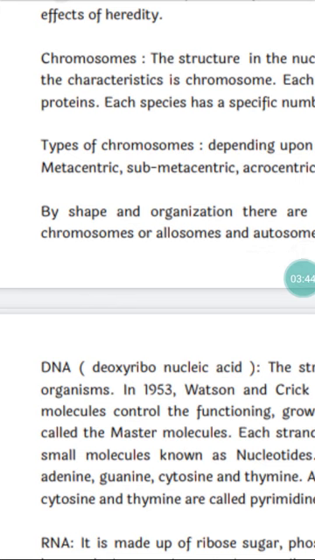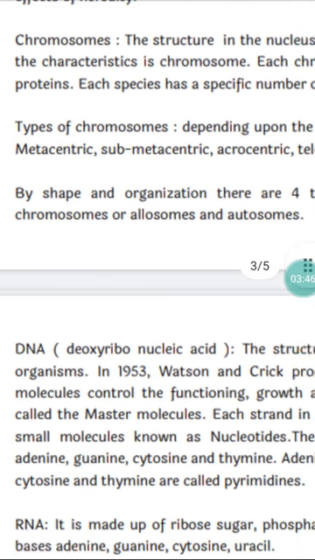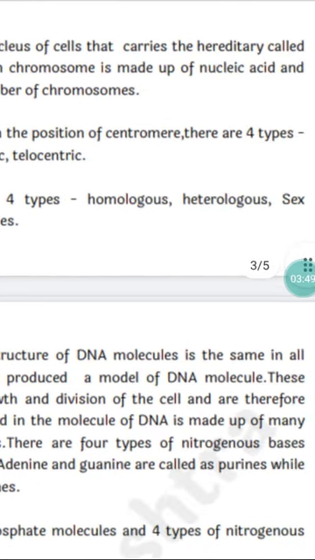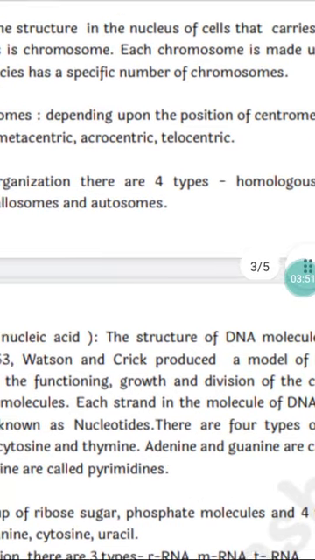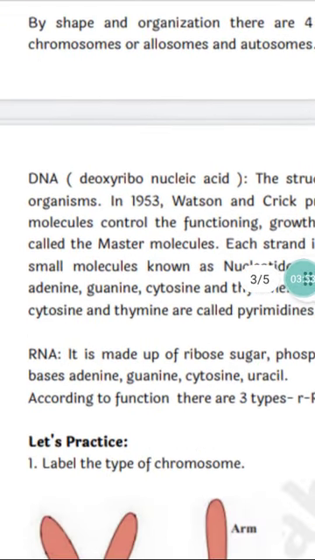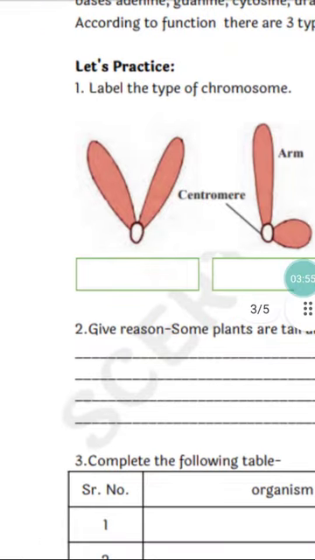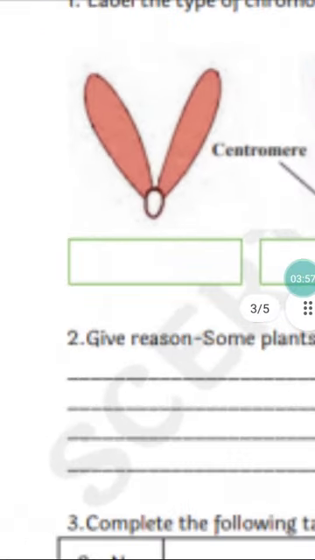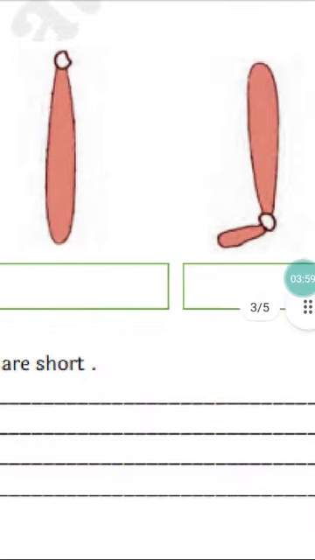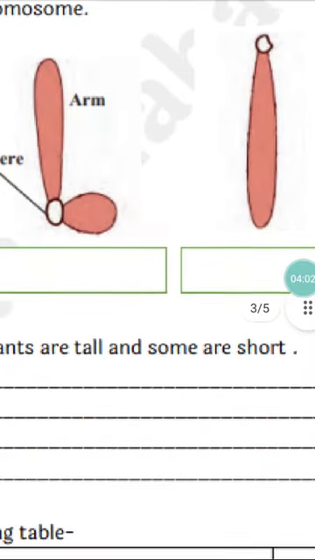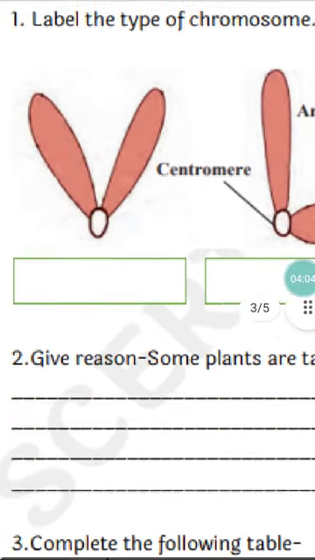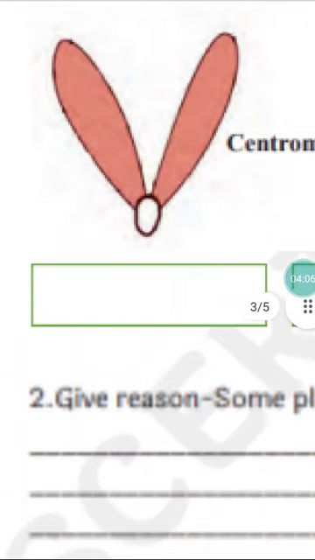On the basis of the position of the centromere, chromosomes are of 4 types. A diagram is given here. These are the 4 different types of chromosomes. In the bracket you have to write what type of chromosome it is.